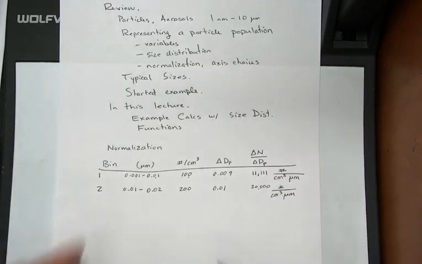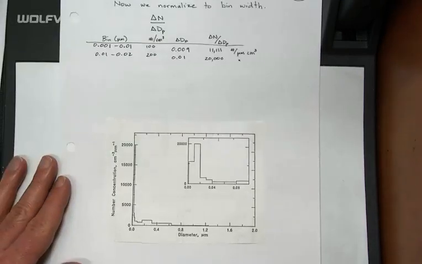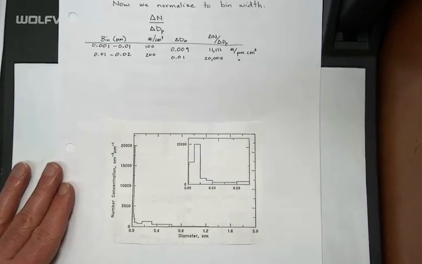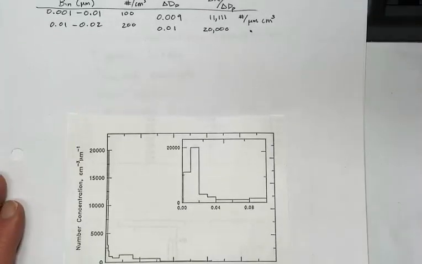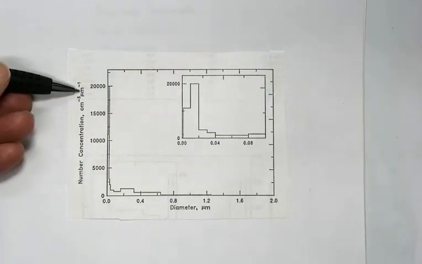So if I keep doing this for all 12 bins, and then graph it, you get this. So you can tell they've normalized because it's per micron in the y-axis.